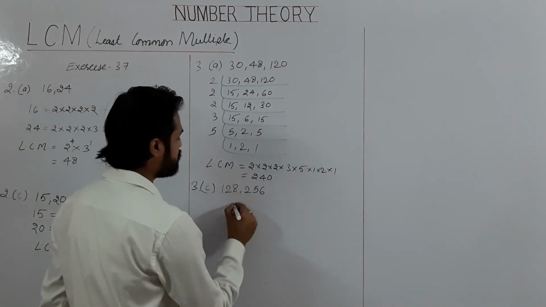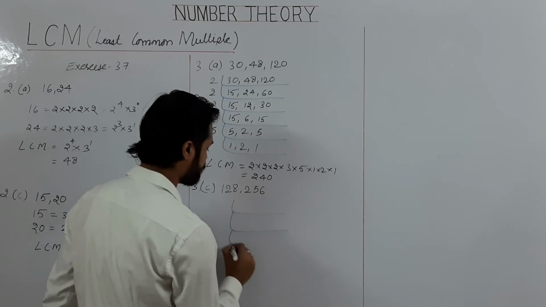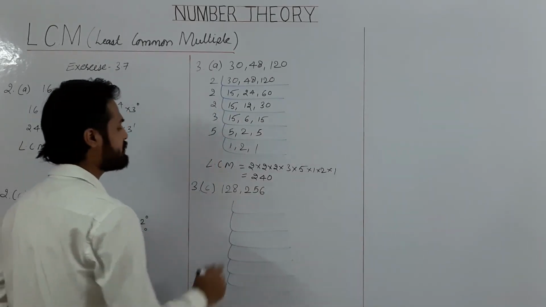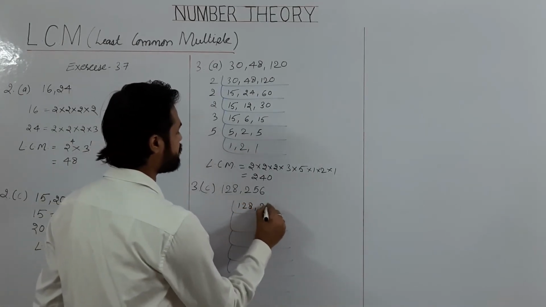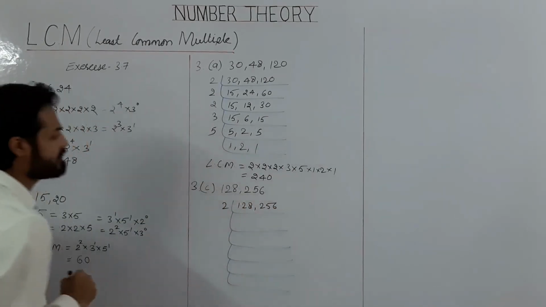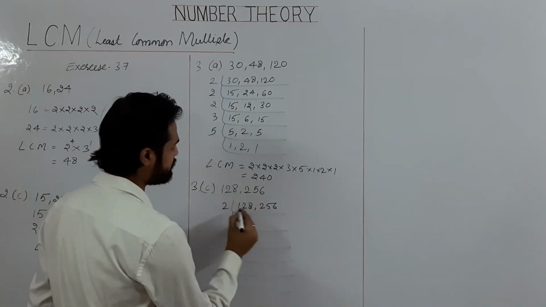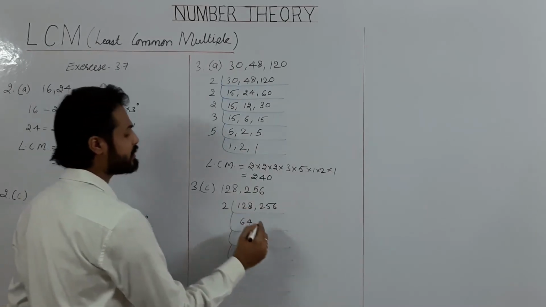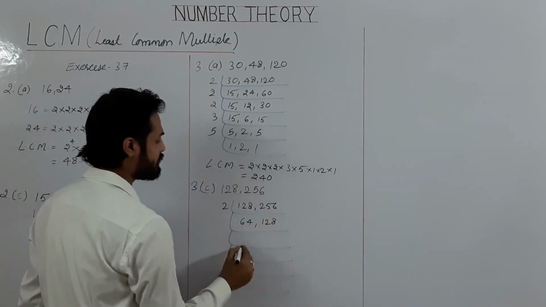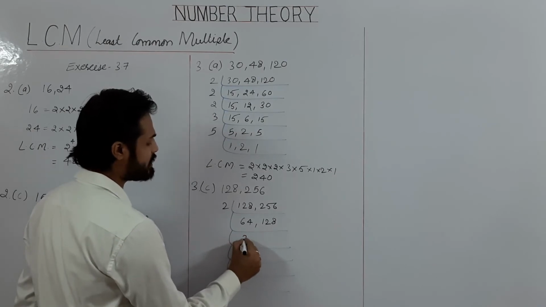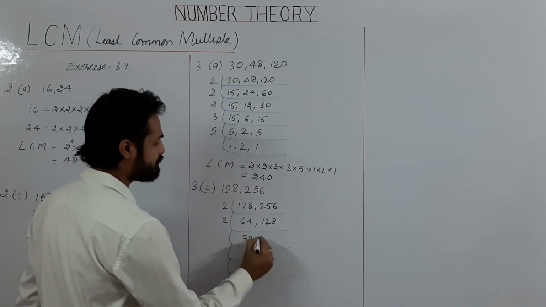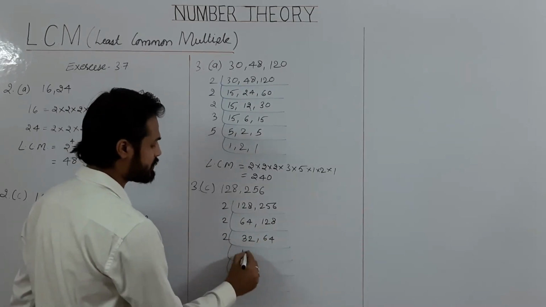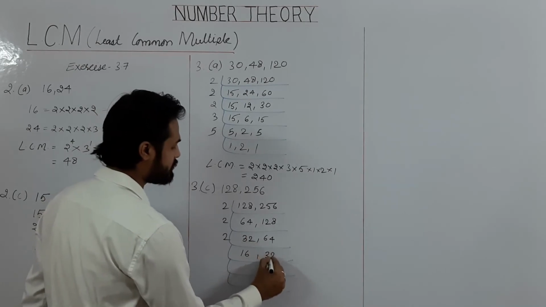Next, 128 and 256. Again, by division method. Both are even numbers. So 128 by 2 is 64 and 256 by 2 is 128. Again, 64 by 2, 32, 128 by 2 is 64, then 16 and 32.